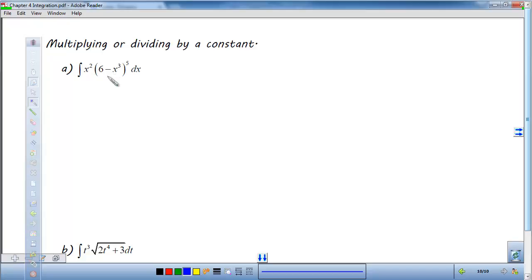So it makes sense that we'll let u equal 6 minus x cubed. And it follows that du is negative 3x squared dx. However, what we need to make a substitution for in our problem is x squared dx, not negative 3x squared dx.